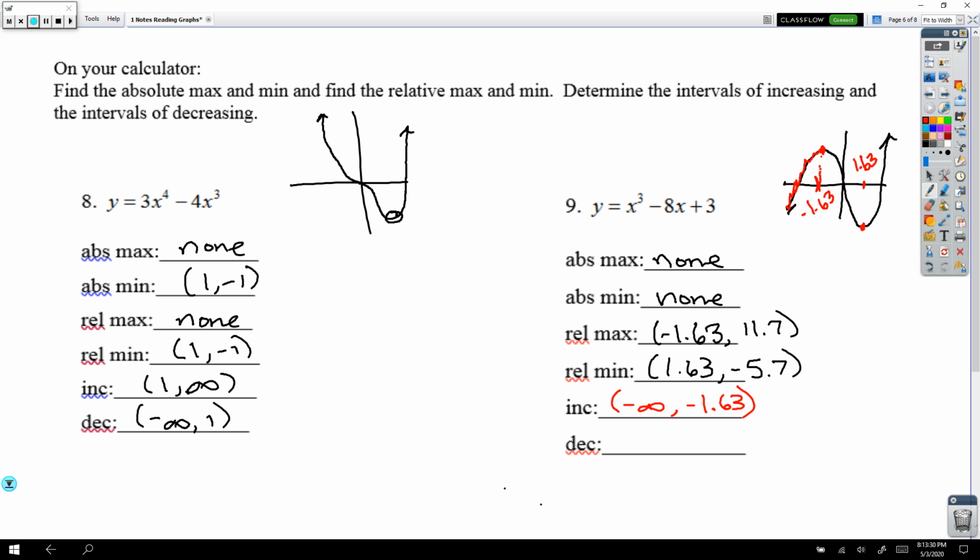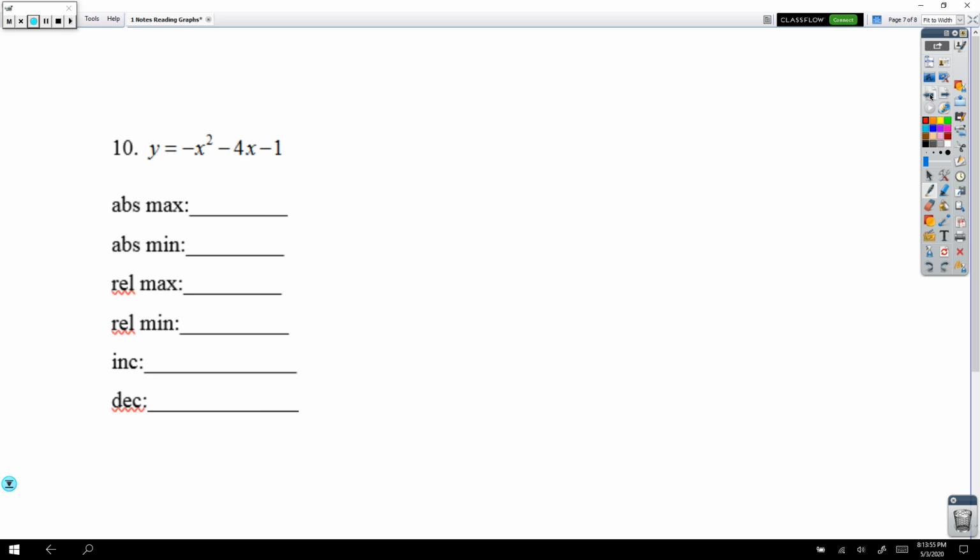And then I'm decreasing from negative 1.63 to 1.63. And then increasing 1.63 to positive infinity. All right. Last example real quick.